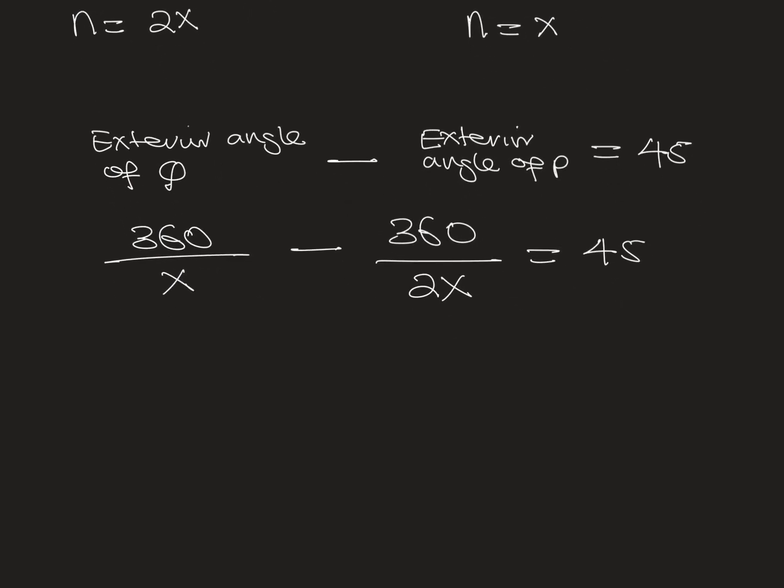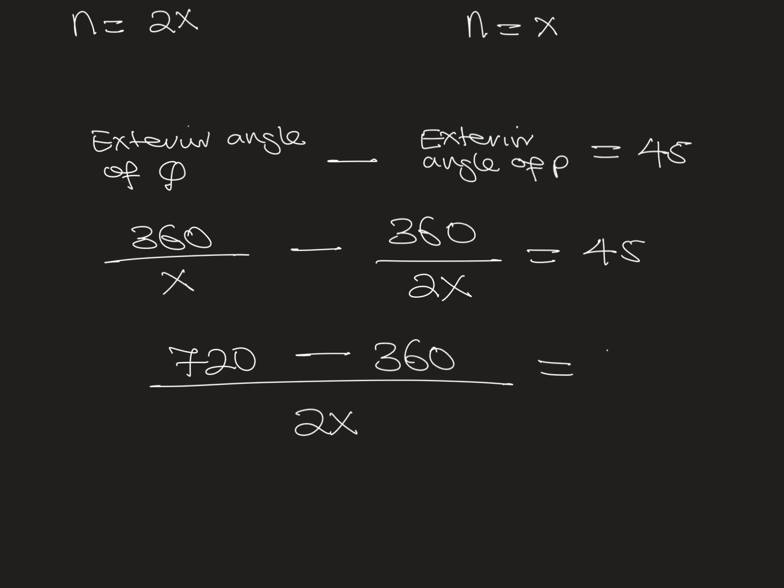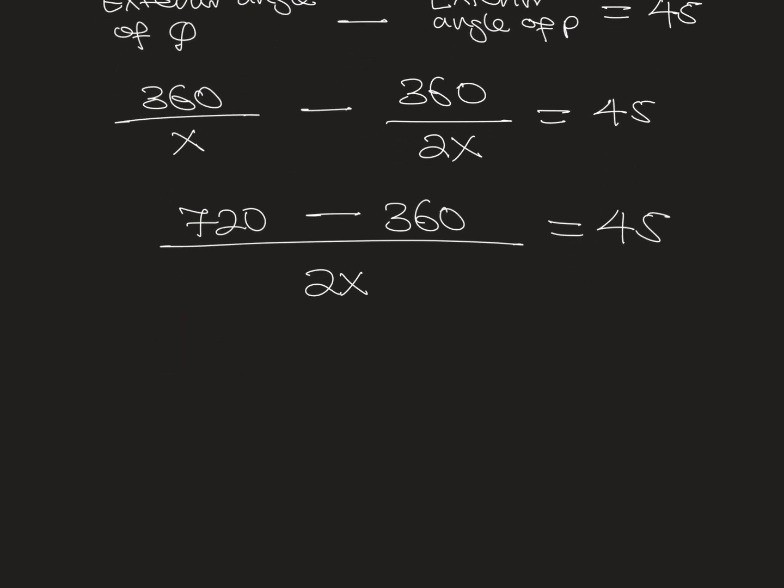So what do we do with this? We can find the LCM. Let the LCM be 2x. x into 2x, the x will cancel out. We'll have 2. So 2 times 360 is 720, minus 2x into 2x is 1, 1 times 360 is 360. This is equal to 45. So 720 minus 360 is 360 divided by 2x.